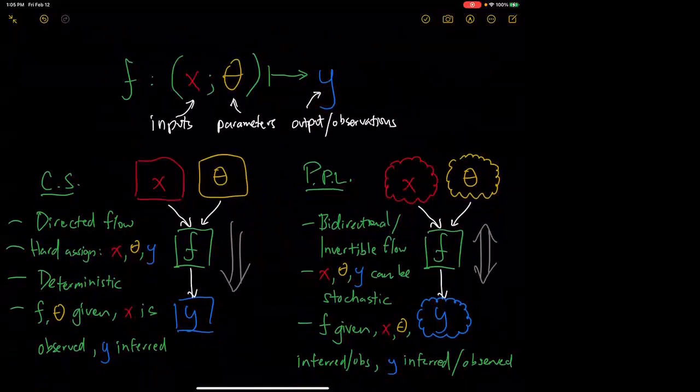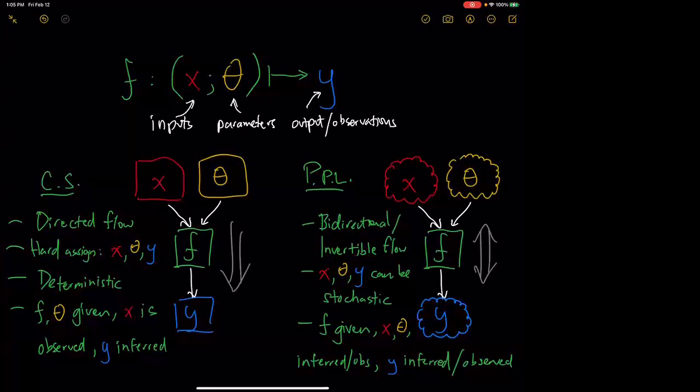So a probabilistic program can be thought of as a generalization of a deterministic program. In deterministic programming, you usually have a direction. A procedure takes some inputs and maybe some parameters that are either learned or specified by the user, and it outputs a value, a concrete string or number or other type of deterministic value.